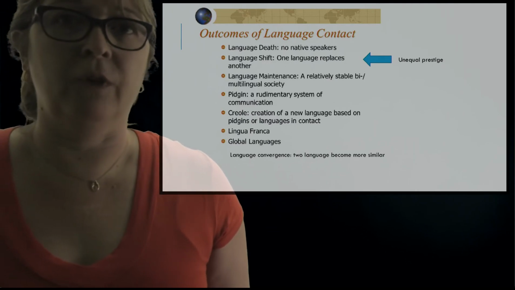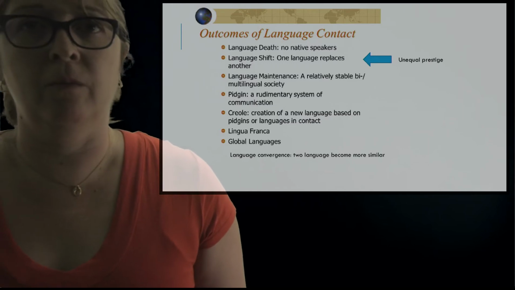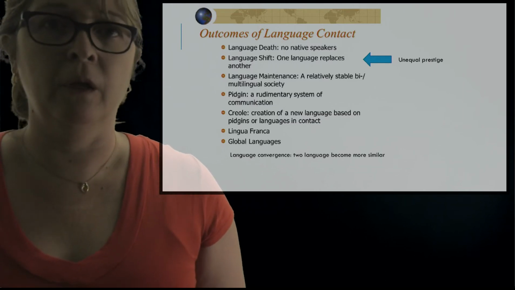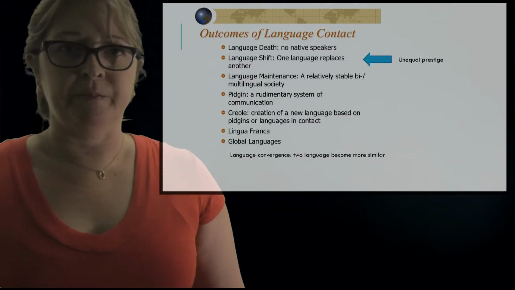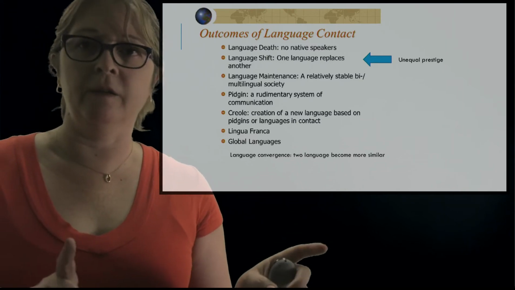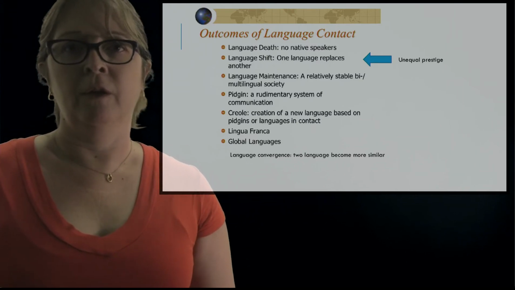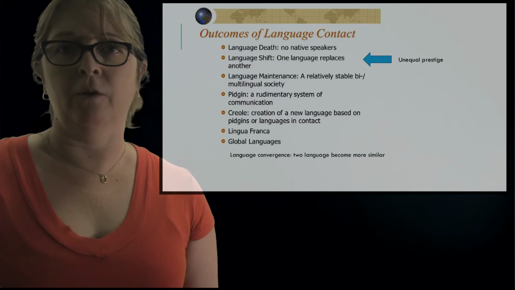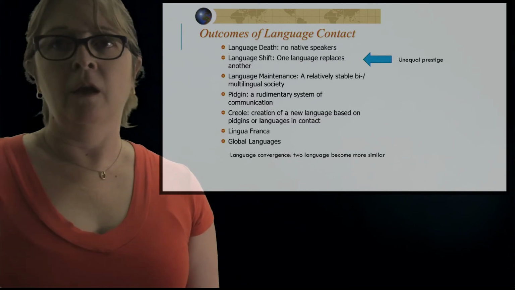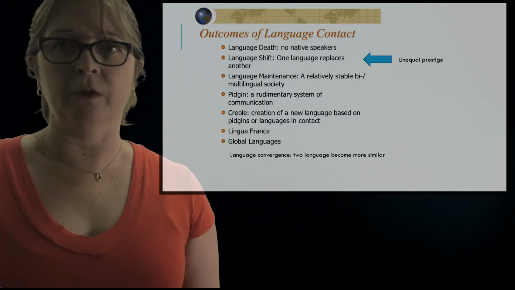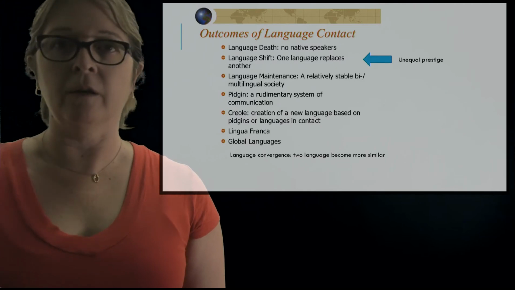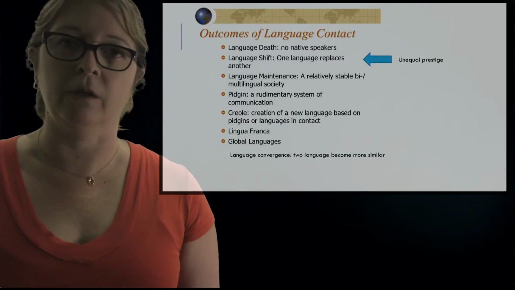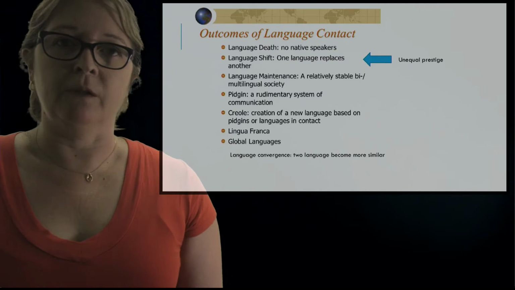There are many different factors for why that would happen. Language maintenance, that is maintaining both languages. Bilingual society or multilingual society. Your book talked about diglossia, and I'll talk a little bit about that in a few minutes.